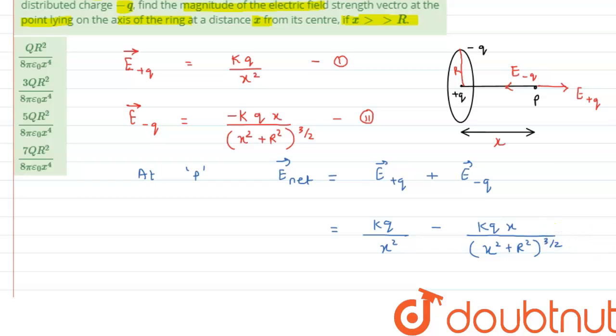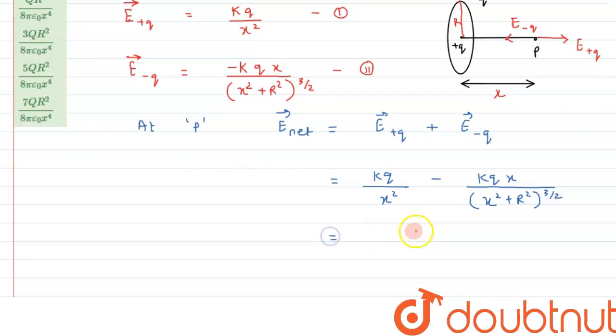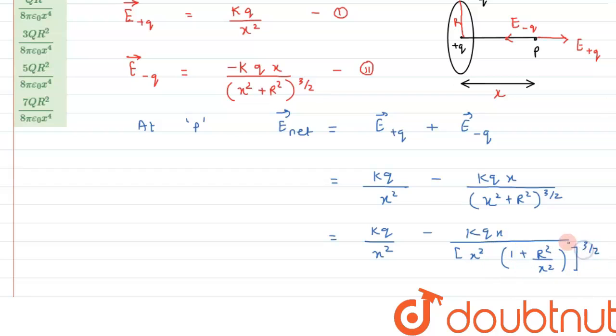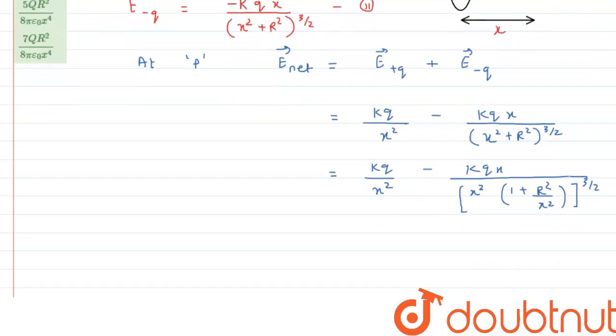On simplifying it further, this can be written as kQx divided by, if we simplify further, x square times 1 plus r square by x square, raised to 3 by 2. This is how we are doing the simplification.